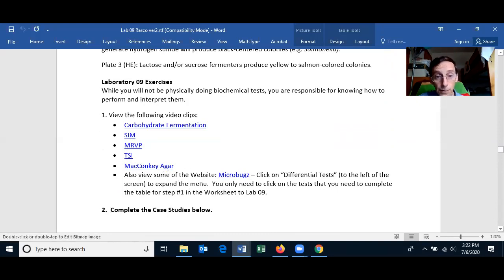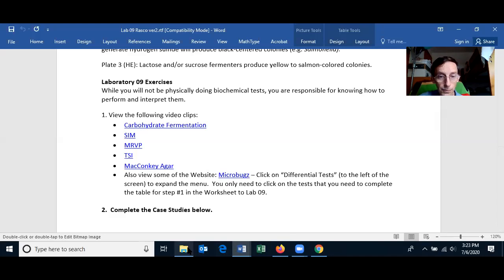And then also view some of the website Microbuzz. Click on the link differential tests. Once you get to Microbuzz, it's to the left. You only need to look at the tests that are needed to complete the table in step 1 of the worksheet for lab 9.